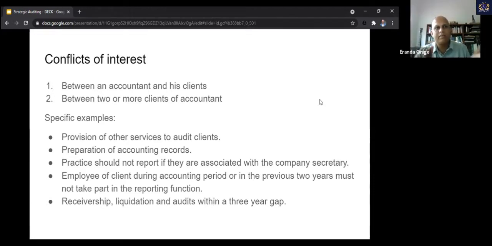Are they auditing their rivals or companies with conflicts? Then a question arises: can you ask that question of the auditor, and is the auditor required to divulge that information?